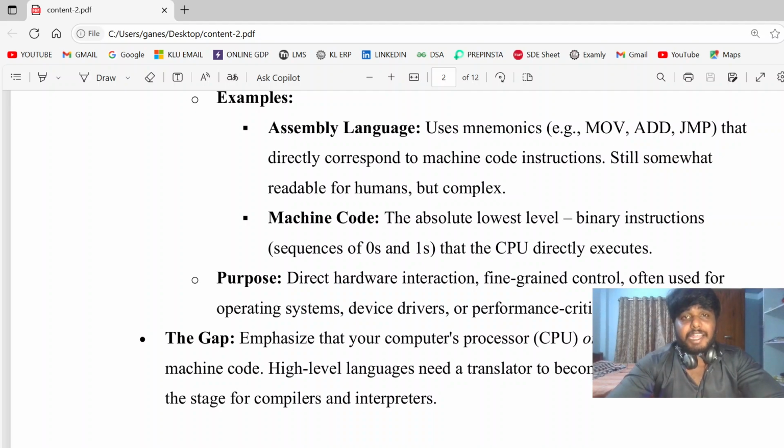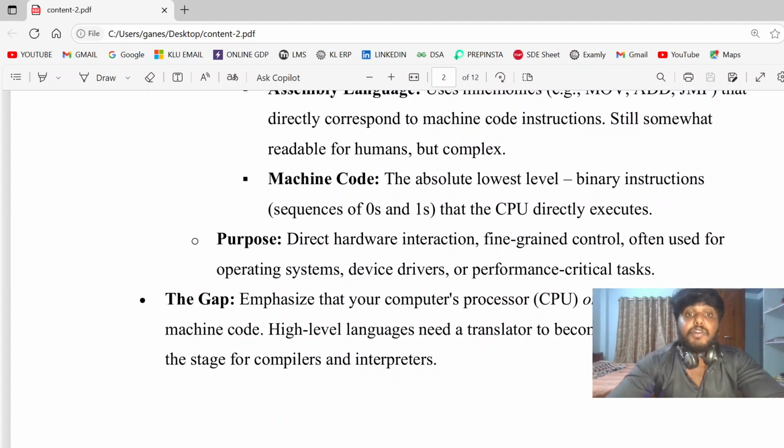Direct hardware interaction will be there, and they are often used for operating systems, device drivers, or performance critical tasks, which is for the tasks where hardware is more involved. We write low level language code for hardware involved software or technologies.